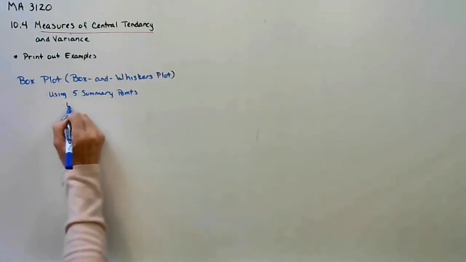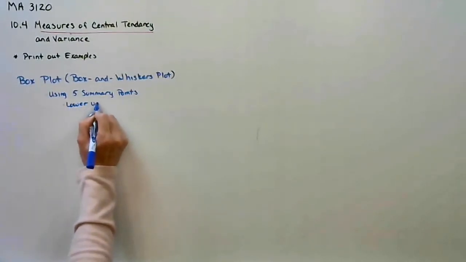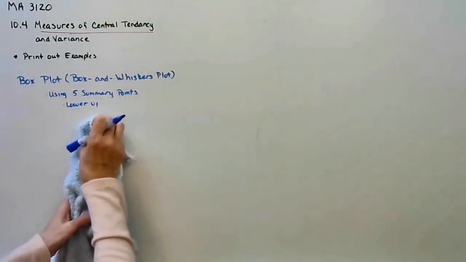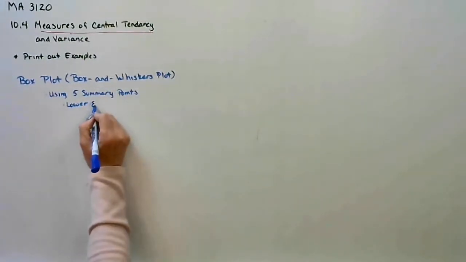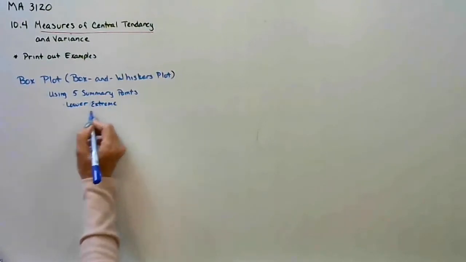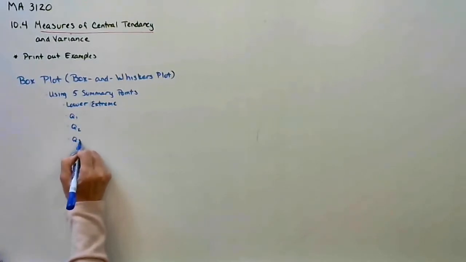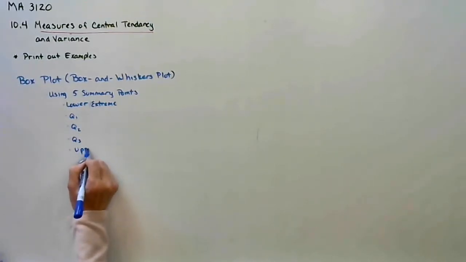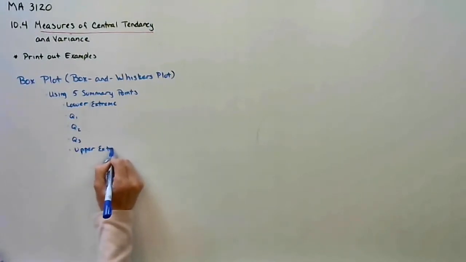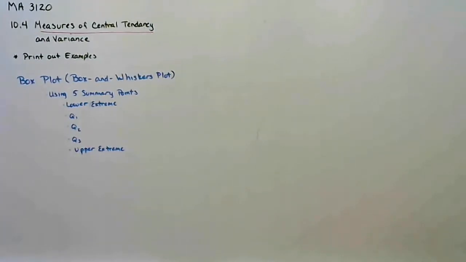We're going to use the lower extreme, then we're going to use quartile 1, quartile 2, quartile 3, and the upper extreme. So that's why we needed to practice what we just did a minute ago, right? And then we're going to create a box and whiskers sort of setup. So if we look at the examples, we're going to take a look at example 5 and example 6.